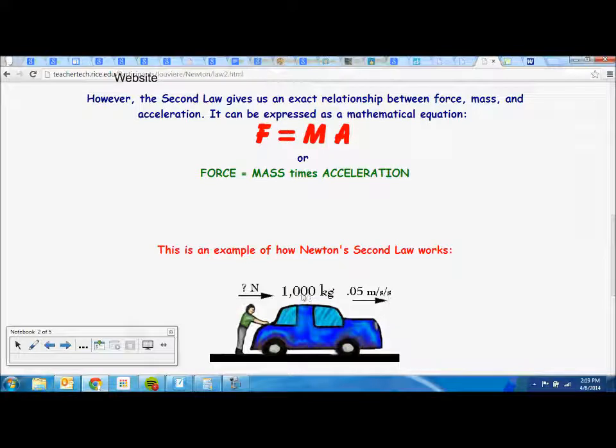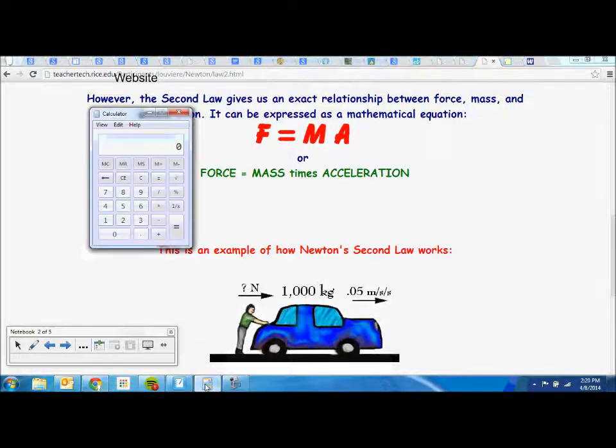So you would plug it into this formula. 1,000 kilograms is the mass times 0.05. So let's do that on a calculator. 1,000 times 0.05, and we get 50 newtons of force must be applied in order to get this car to accelerate by 0.05 meters per second squared.